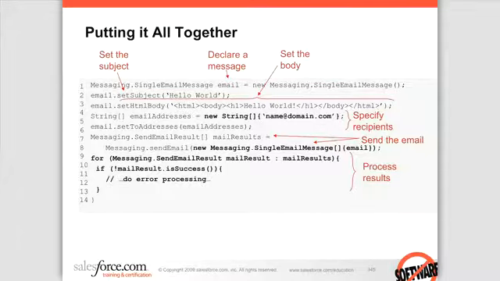The email addresses is a list, and we're going to use the array notation to set up, at least here, a single target address. We then set the to by calling that setter method, and then ultimately we call the method Messaging.sendEmail, which is ultimately going to send this message out to the outside world.